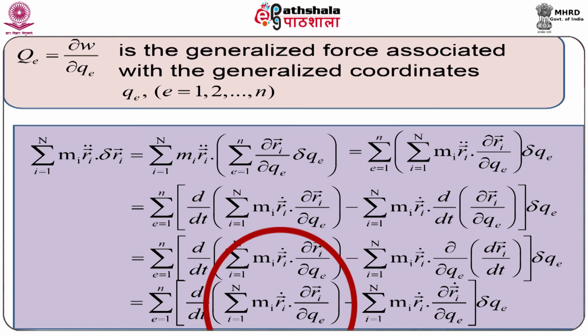This term is again written as it is. This term, that is d/dt of Ri vector, can be written as Ri vector dot. Here we have just written this one as Ri vector dot and get this term.